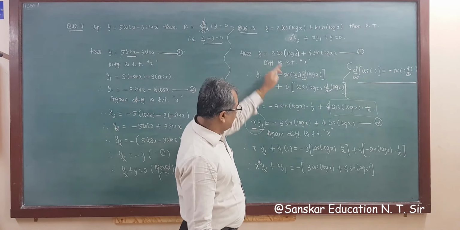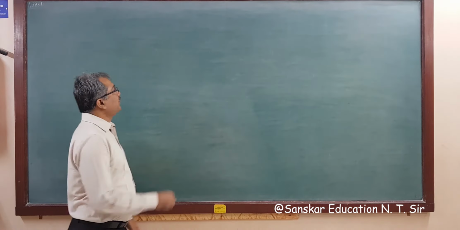So this is x square y2 plus x y1 is equal to minus y. Now taking y to the left hand side, x square y2 plus x y1 plus y is equal to 0. So this is what you wanted to prove. Got it? Next is question number 14.